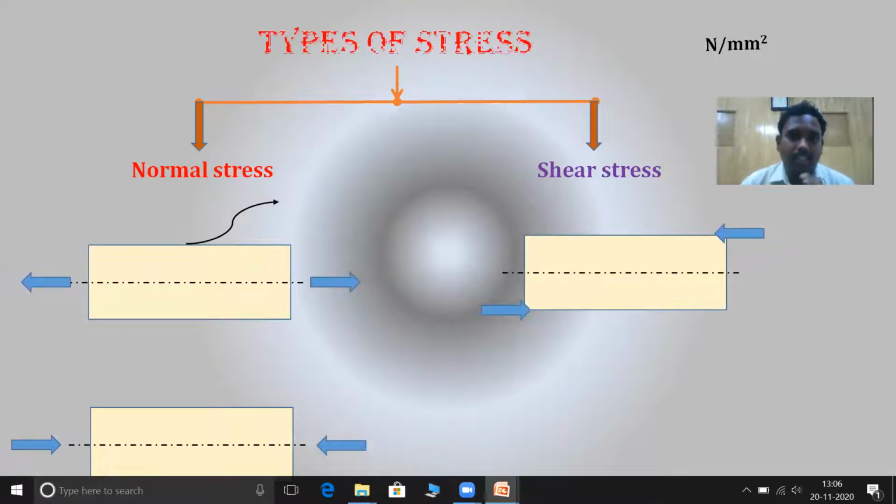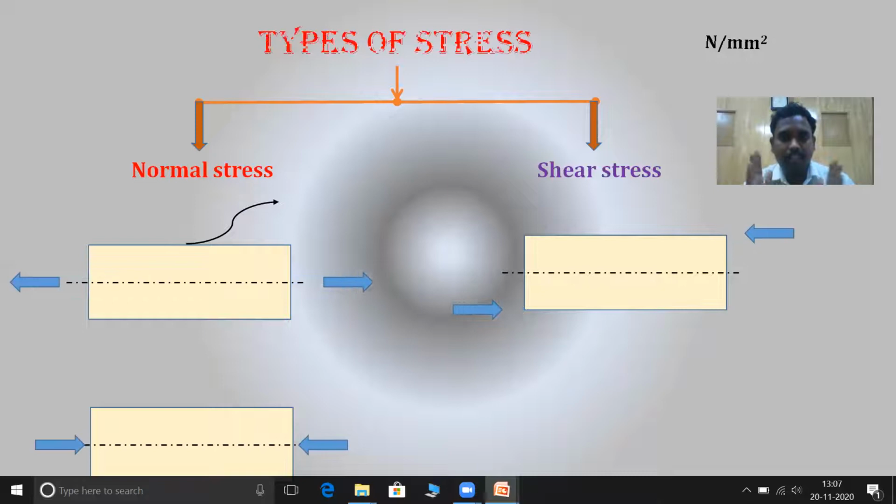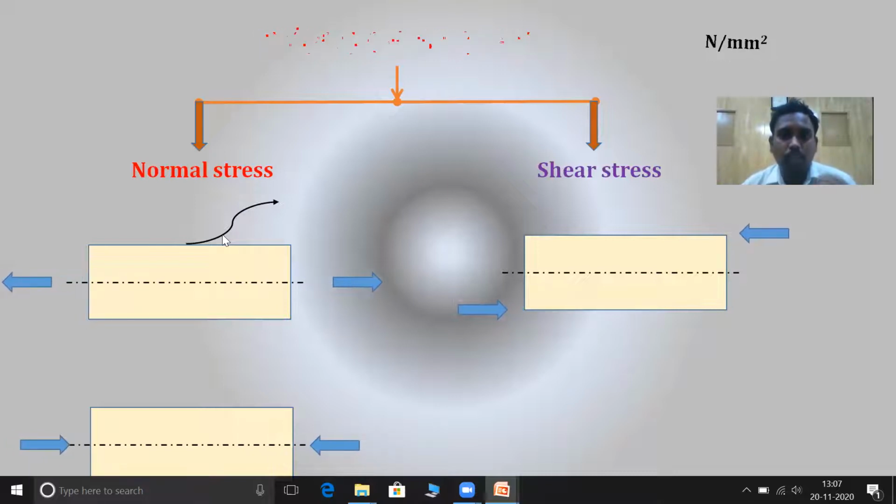So now we came to know what normal stress and shear stress are with the help of the difference. Now let me explain what case one is. This is case number one. In this case, I am applying the tensile load, so I will call it a tensile stress.